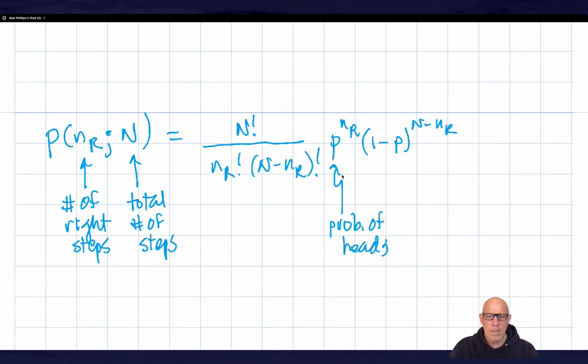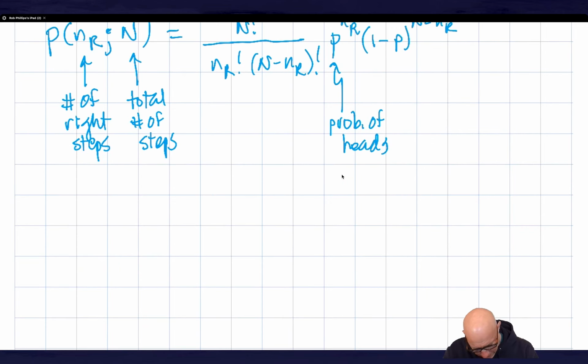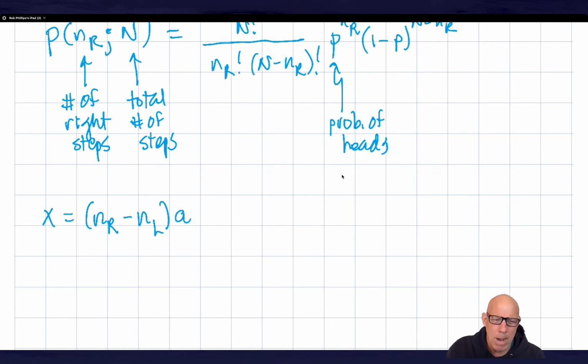So this is telling me that if I want to know, out of a total of capital N coin flips, the probability that nr of them will be to the right or will be heads, then this is the probability distribution. And I also wanted to note that how far the particle will have moved is going to be given by the number of right steps minus the number of left steps times a. So this is the displacement.